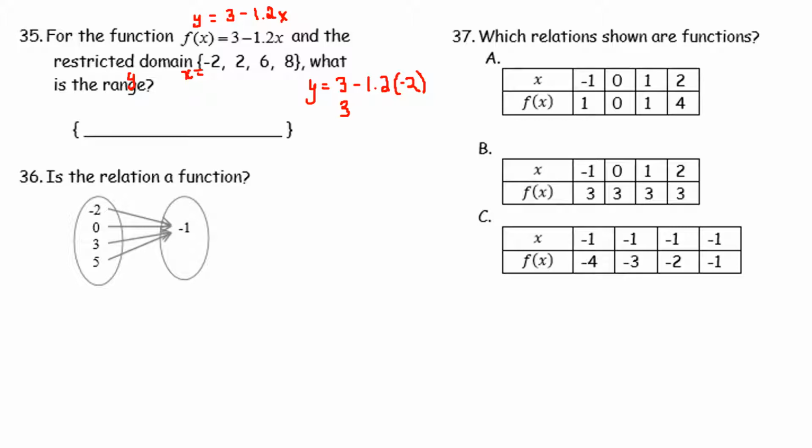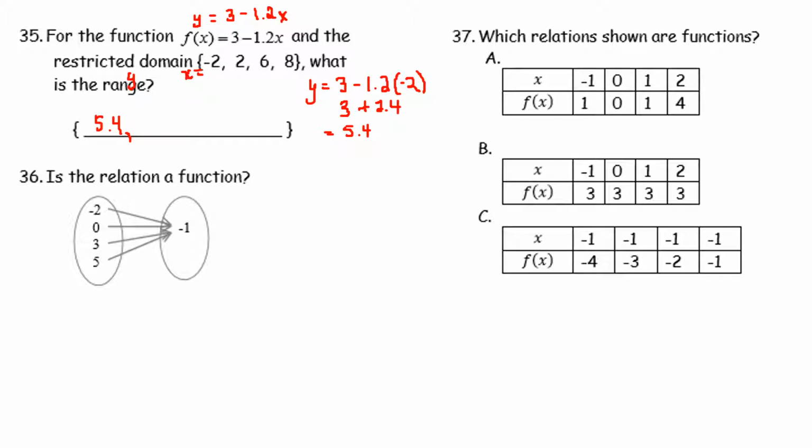Well, a negative times a negative is going to be a positive. So that gives us plus 2.4. And then we add those together, and that gives us 5.4. So the first one would be 5.4.